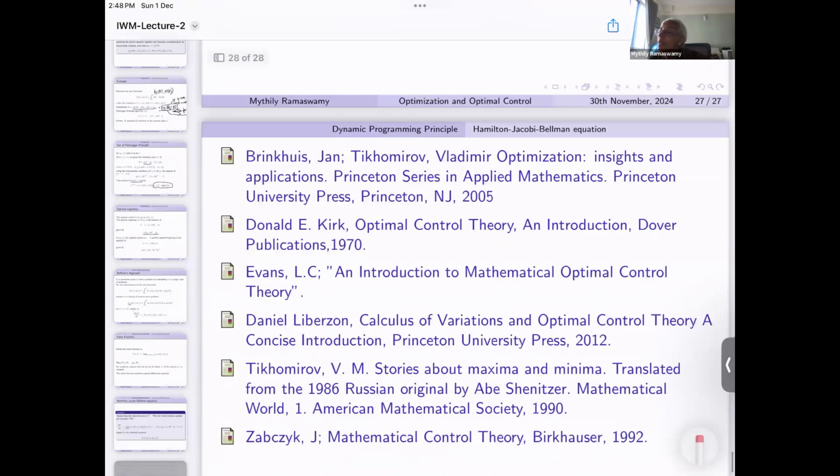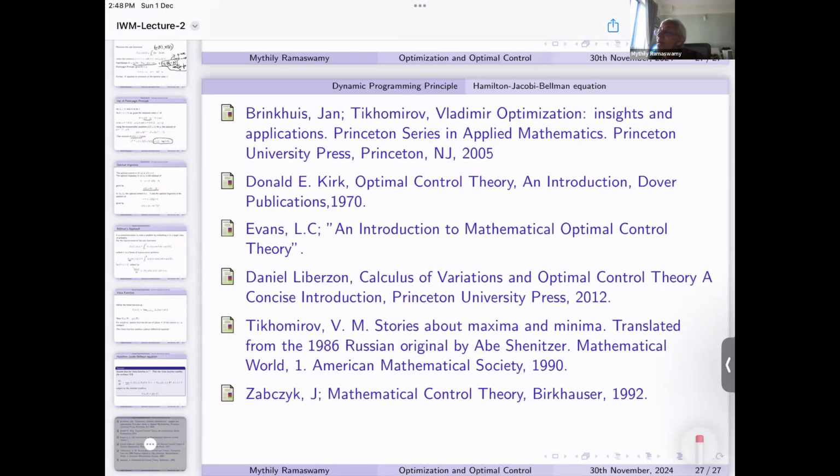So Brinquist and Tikhomirov also has an optimization book, which also has the inequality constraints; when you get a unique optimum, when you have several, all this, you may find theorems in that book also. Also Donald Kirk, Optimal Control Theory.